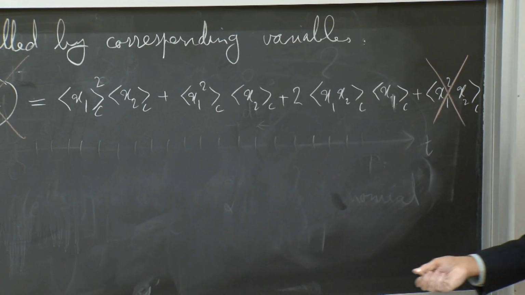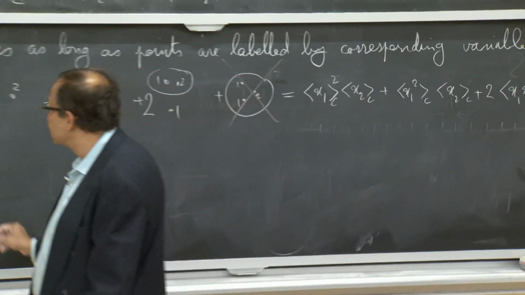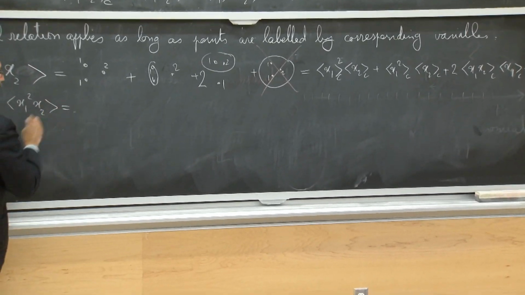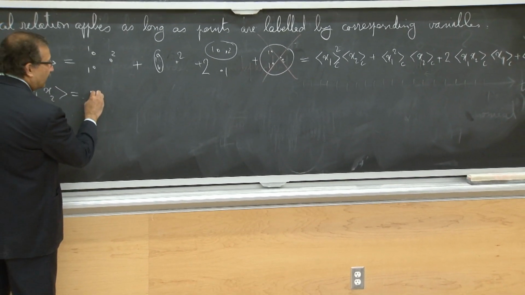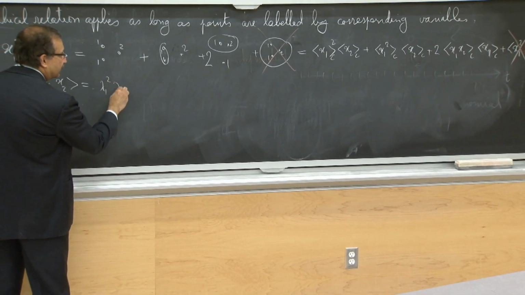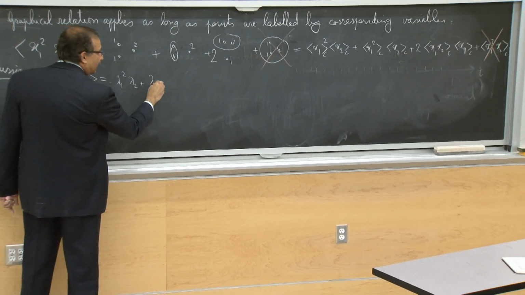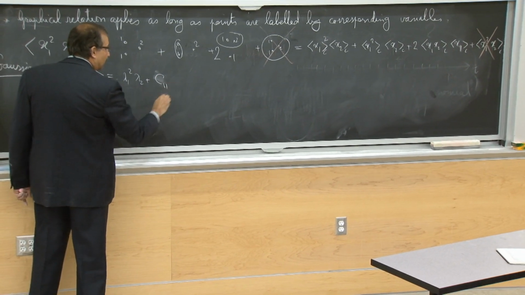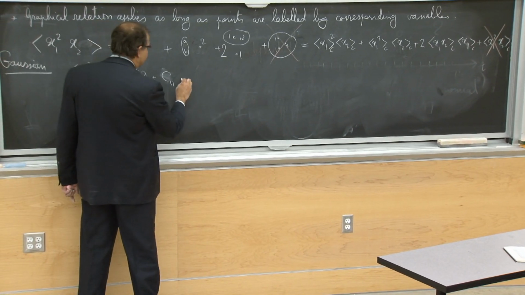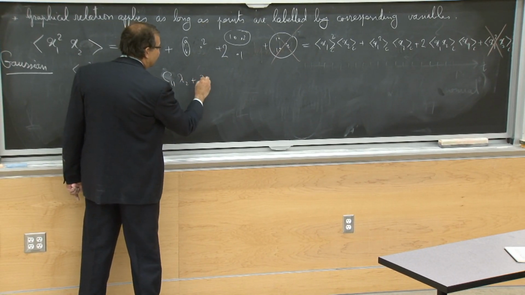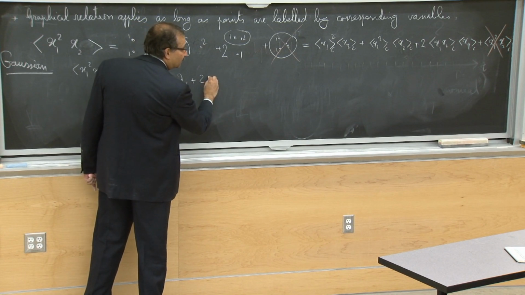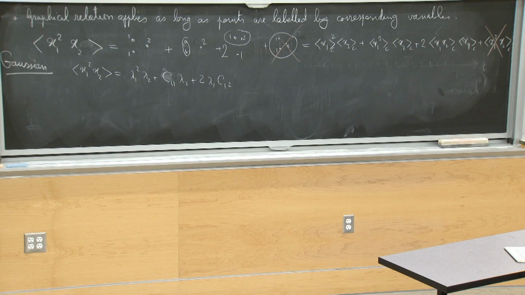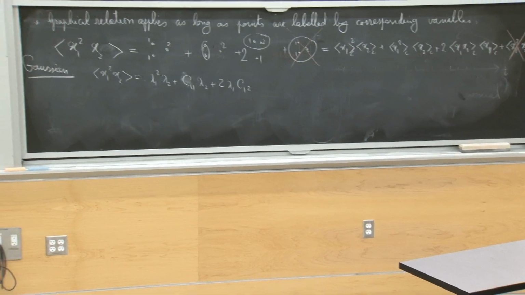And in the way that we have written things, the answer for <x1 squared x2> would be just lambda_1 squared lambda_2 plus lambda_2 times sigma_1 squared, or let's call it C11, plus 2 lambda_1 C12, and that's it. Okay?